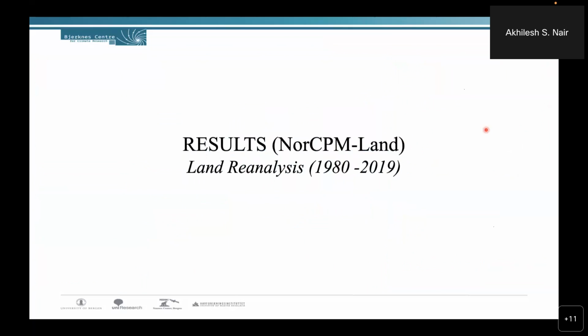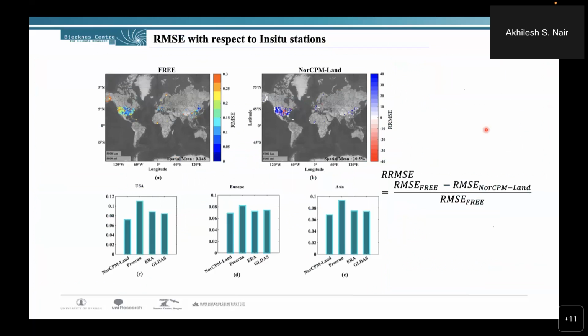So we are evaluating the land reanalysis results, where we have 40 years of land reanalysis. We first evaluate it with independent soil moisture in situ observations from ISMN, the International Soil Moisture Network. On the left side we have a free run case where there is no assimilation, and we could see that there is high error in the NorCPM simulated soil moisture.